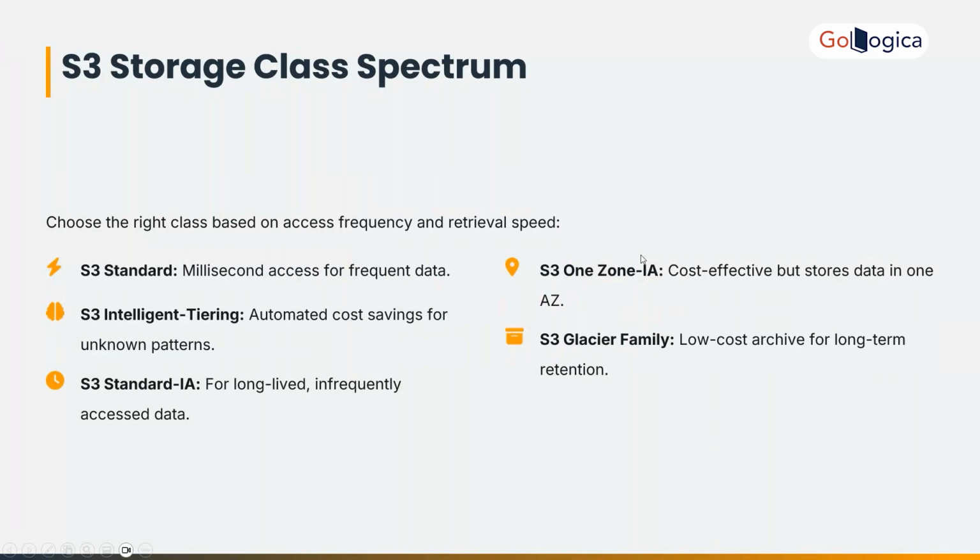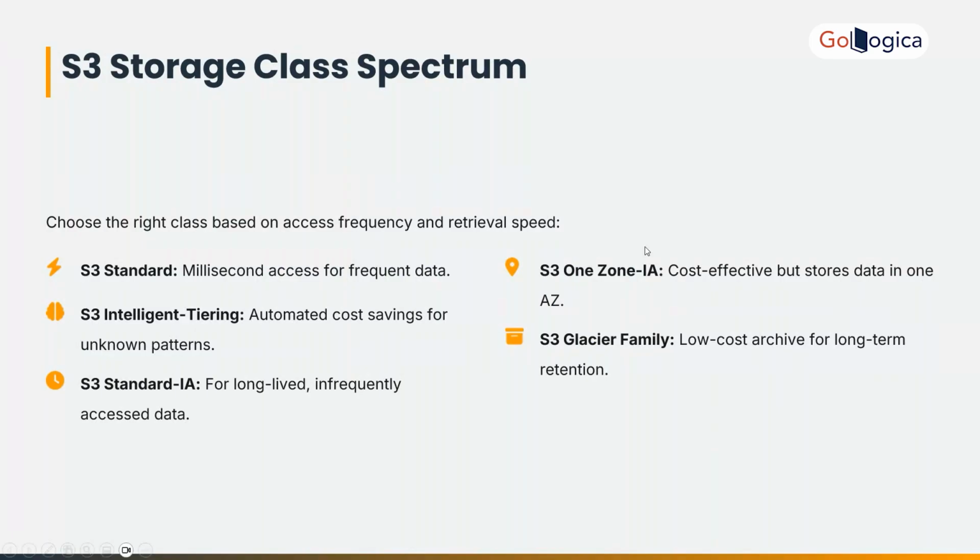And then you have S3 One Zone IA. One Zone IA is again infrequent access, but this is the only storage class that stores your data in a single availability zone. All other classes store your data across three or more availability zones.